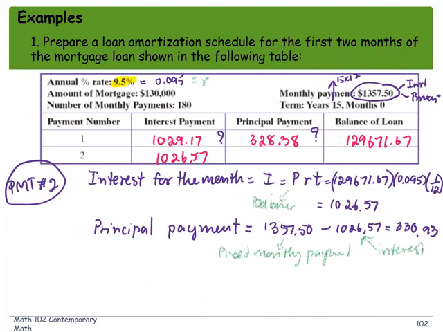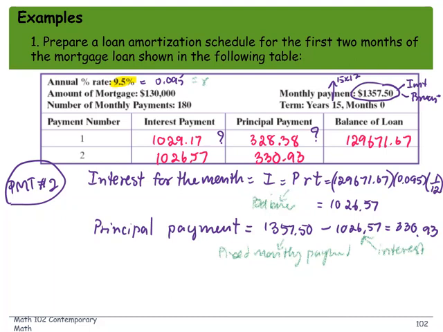We put 330.93 in the table as the portion toward the principal, which makes sense because the interest is coming down, so the principal amount goes up.